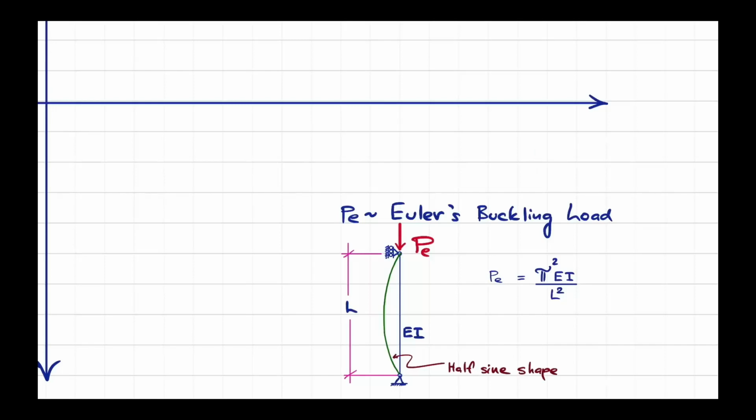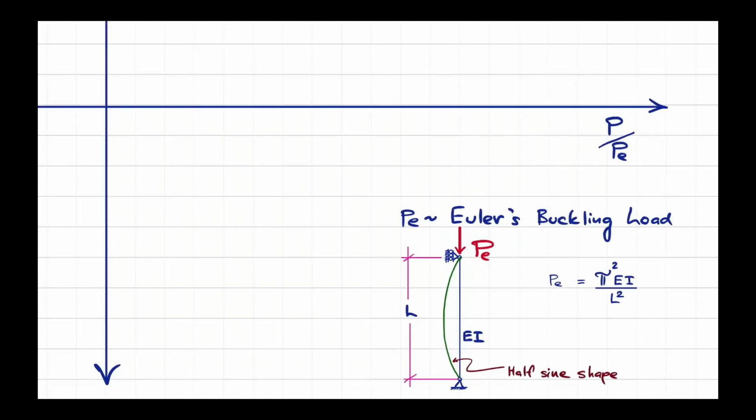So for P over PE, in the function you derive, you write everything in terms of KL, right? So you need to express KL in terms of P over PE, or find the link between P over PE and KL. P equals K square EI, so K square equals P over EI.